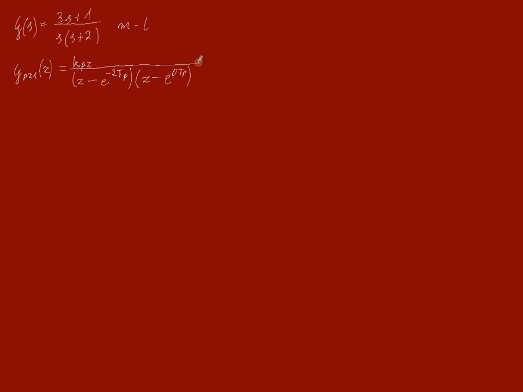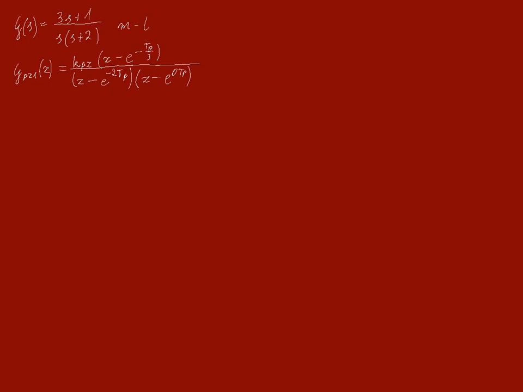Now we move on to the zeros. Our original transfer function has one zero in the value of minus 1/3. So, but we also need to add the so-called infinite zeros, specifically m minus l such zeros.